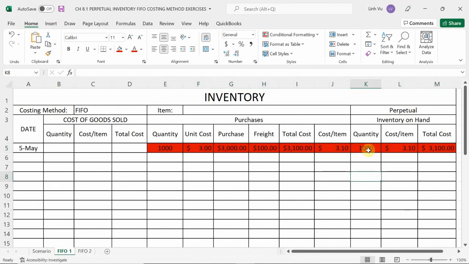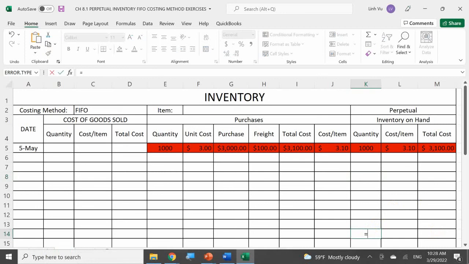Now, what you can do here too is create your total column down below here. So when you have your total cost of goods available, you constantly know how much you have available. It's up to you if you want to do it now. I'll insert right here my equal sum.